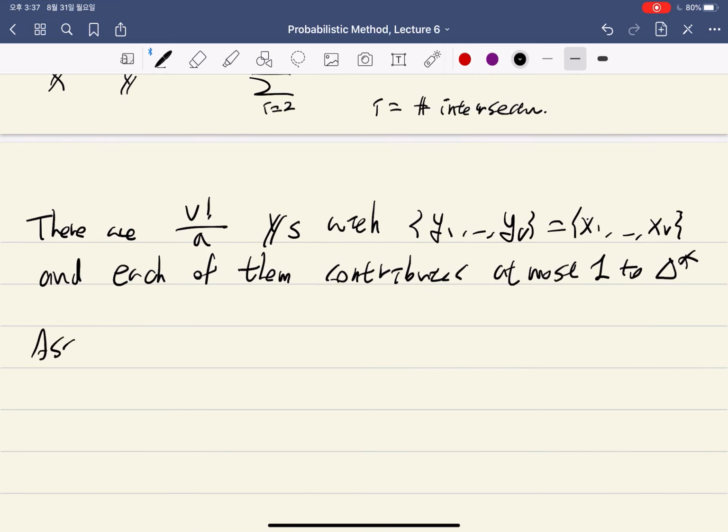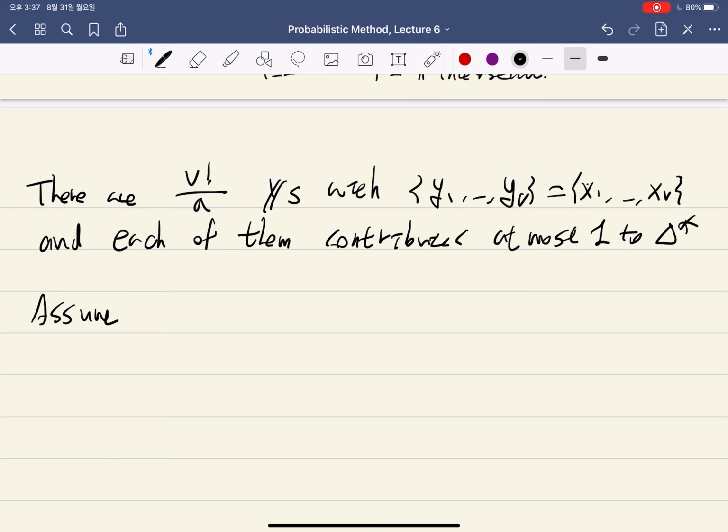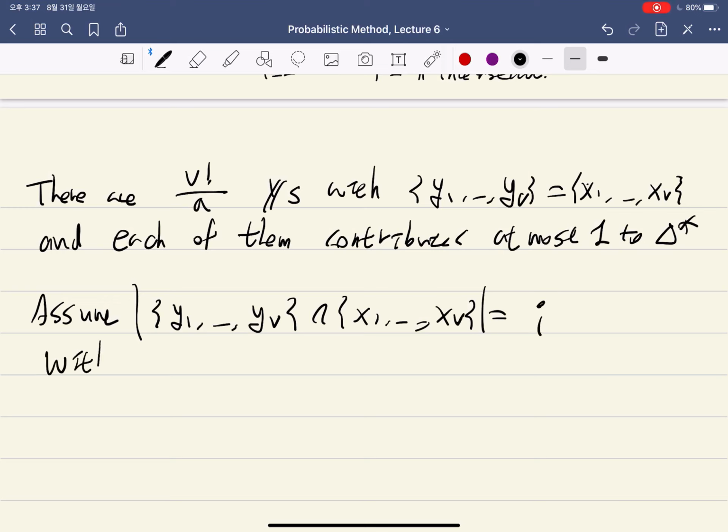So that counts the term with the large intersection, which is just a constant. Now assume the intersection has size i, with i between 2 and b minus 1.